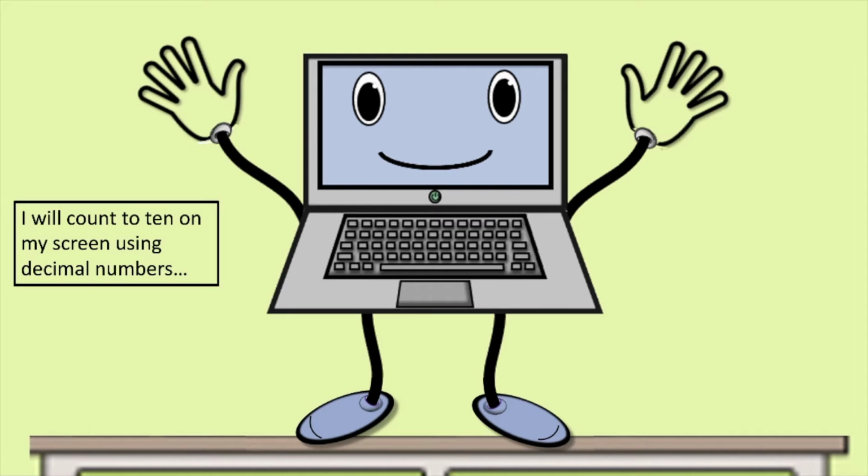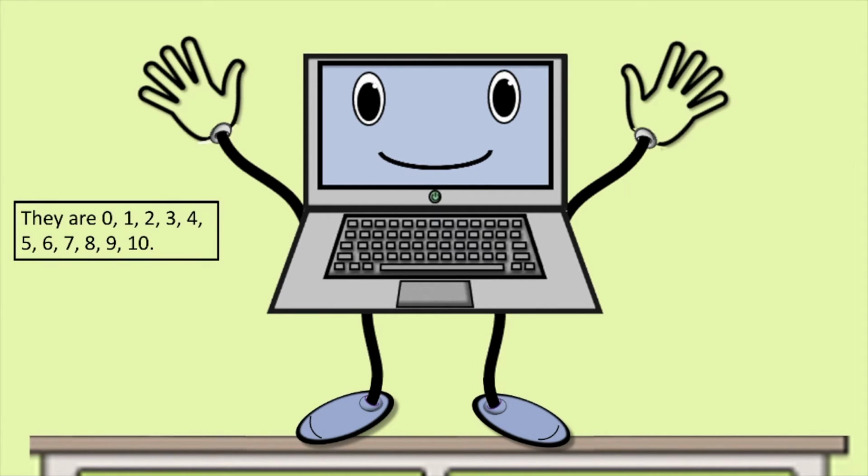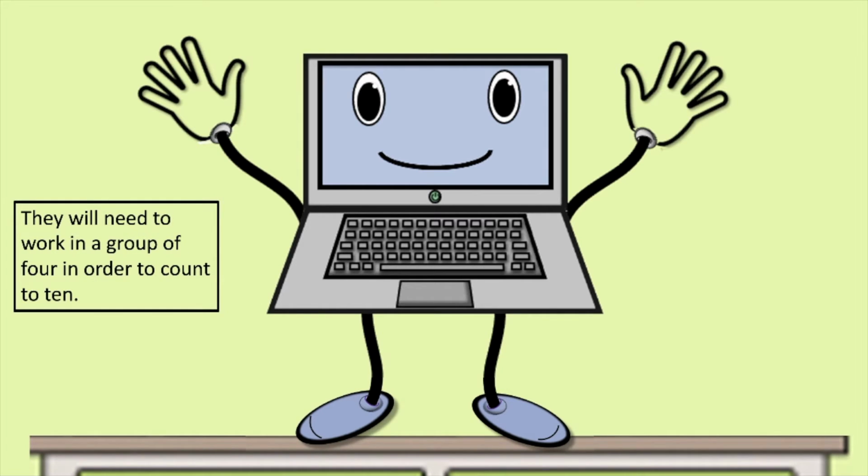I'll count to 10 on my screen using decimal numbers. Decimal numbers are the numbers humans like to use when counting. They are 0, 1, 2, 3, 4, 5, 6, 7, 8, 9, 10. The bits will count along using binary. They'll need to work in a group of 4 in order to count to 10.